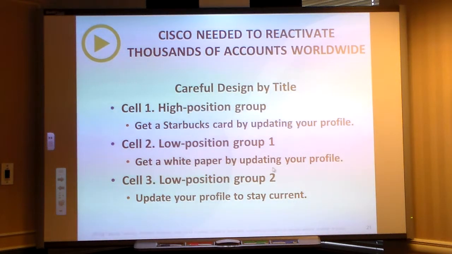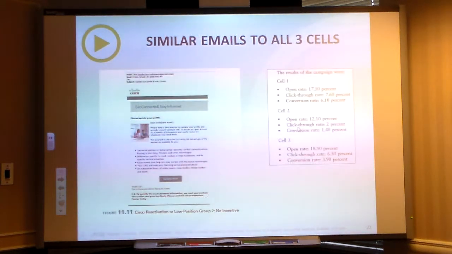Some would say get a white paper by updating your profile. Some would say get a Starbucks gift card by updating your profile. Depending on the different level that you were at, that depended on the conversion rate. And this is basically just showing you it was an easy way to personalize and customize a marketing strategy. So they sent a similar email to everybody, but they offered different types of incentives throughout the entire system.